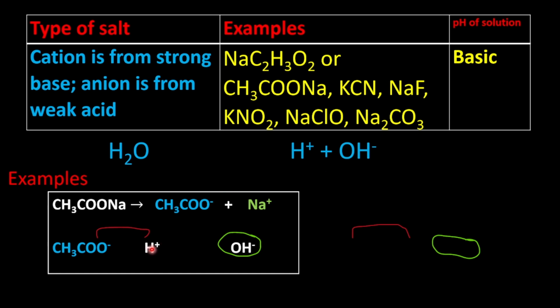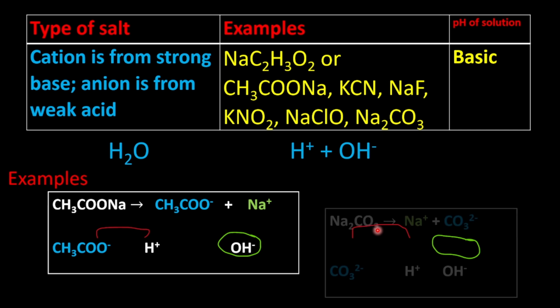So when H+ combines with this, you'll be getting CH3COOH. What is left behind? We have OH-, which is a base. So that indicates that the solution is basic. So please take note of that. We are depending on what we have over here.